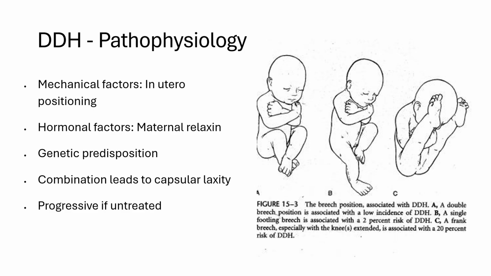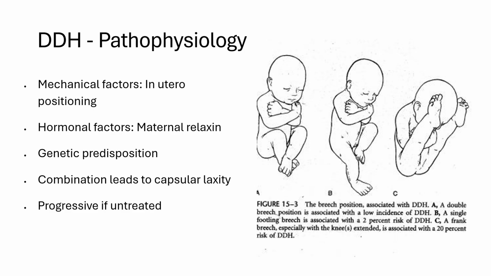Mechanical factors center on abnormal in utero positioning that prevents the femoral head from providing proper stimulus for acetabular development. During normal fetal development, the femoral head sits centered within the acetabulum, encouraging the socket to grow deep and stable. When positioning keeps the hip in flexion and adduction, this stimulus disappears, leading to shallow acetabular development that cannot maintain proper joint stability.